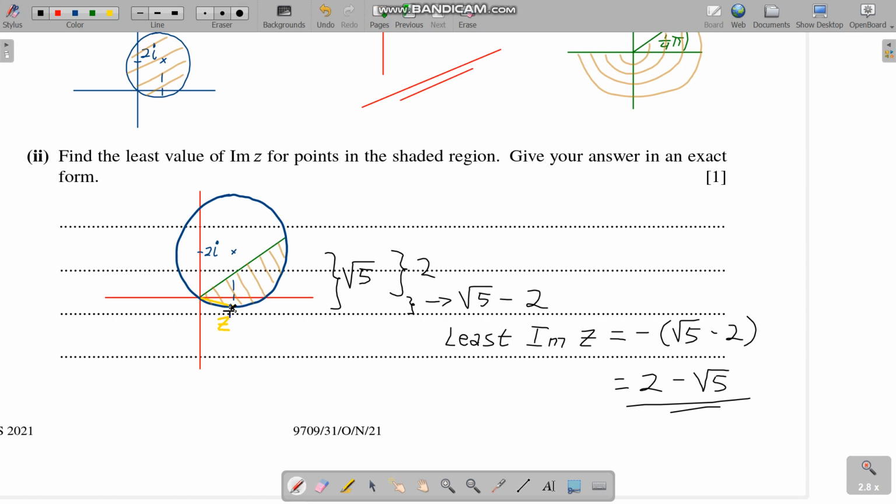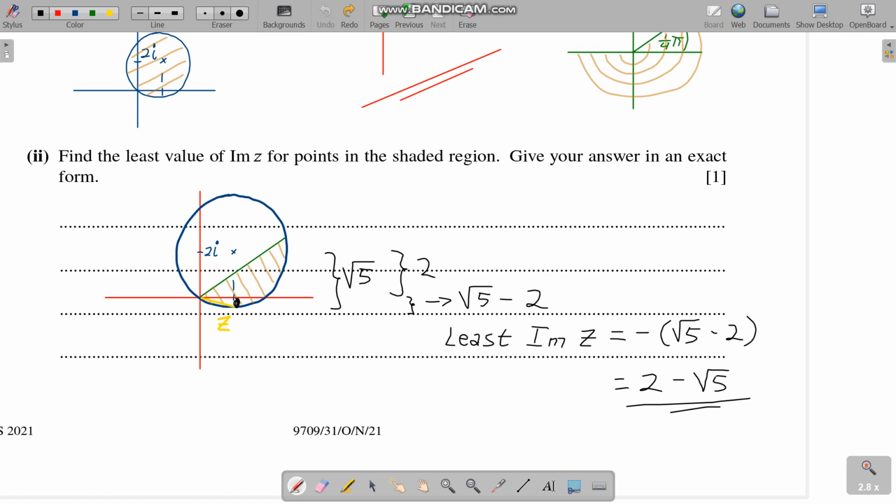So to find the imaginary part, first of all, we know that the radius of the circle is root 5, and from the coordinates of the center we know that this distance is 2. So to get the difference here, we get root 5 minus 2.